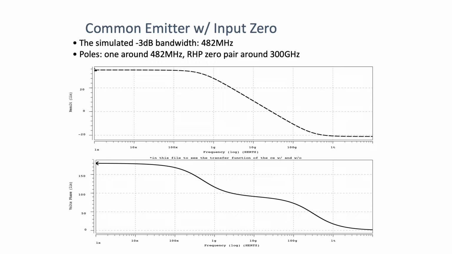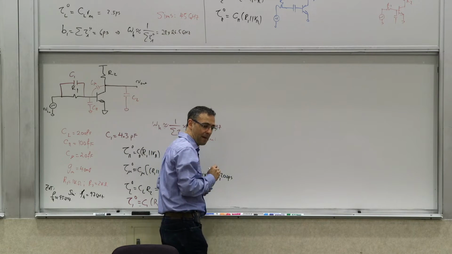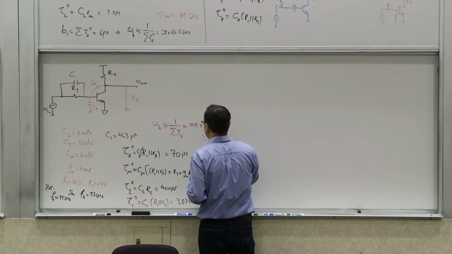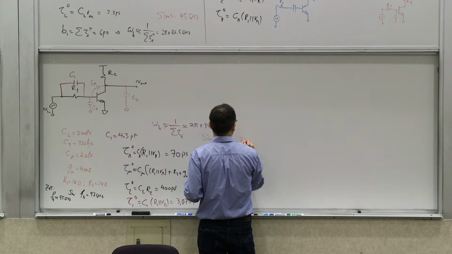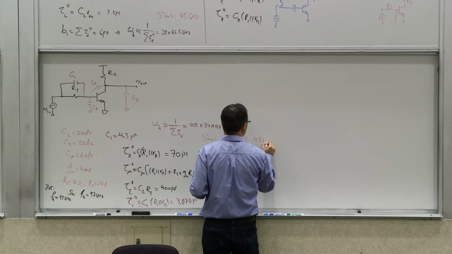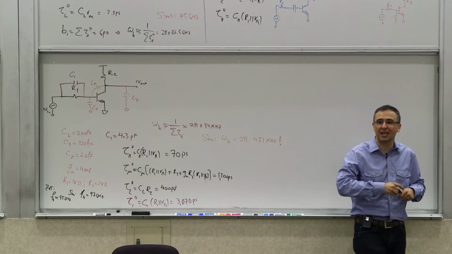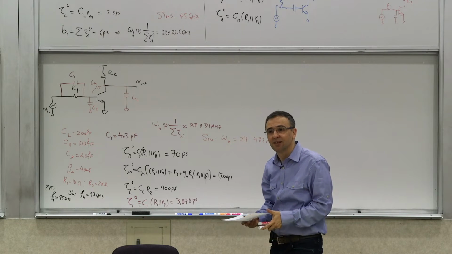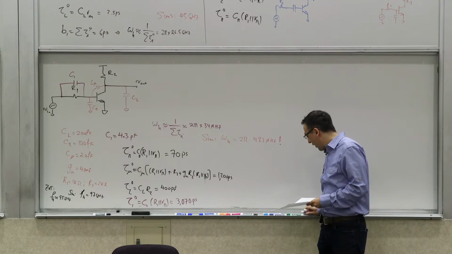The simulation predicts a bandwidth of 482 megahertz, more than a factor of 10 higher. So this is 10 times higher than what you estimated the bandwidth to be. Your estimate is still conservative, but it's way off.